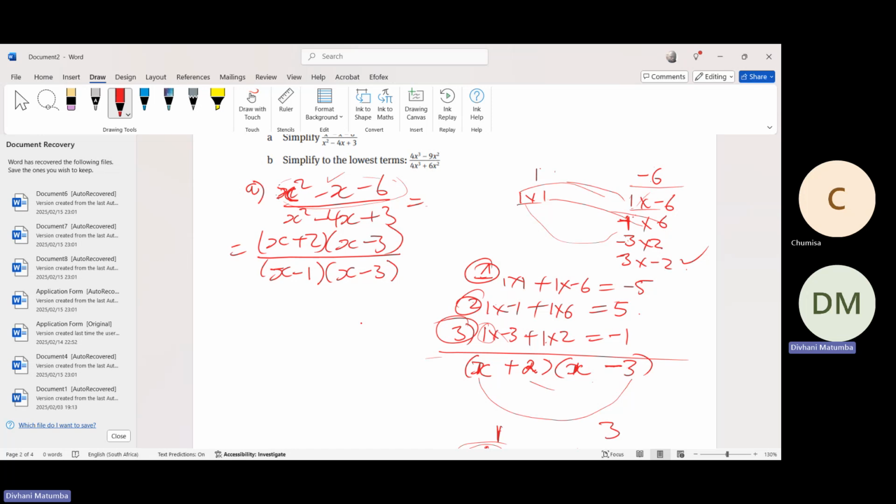So what rings a bell? Are we done yet? No, sir. So what can we do now? Taking out the common factor, which is x minus 3. If I take it, I'm just going to take x minus 3 and bring it here.